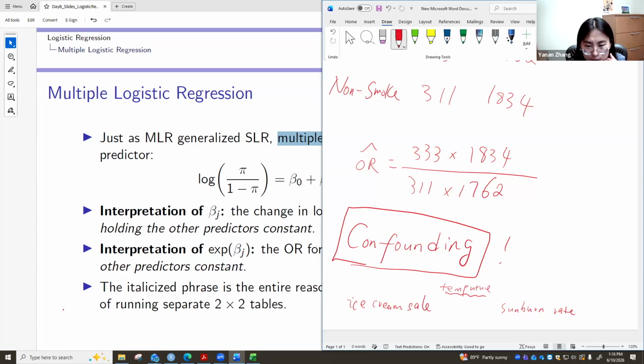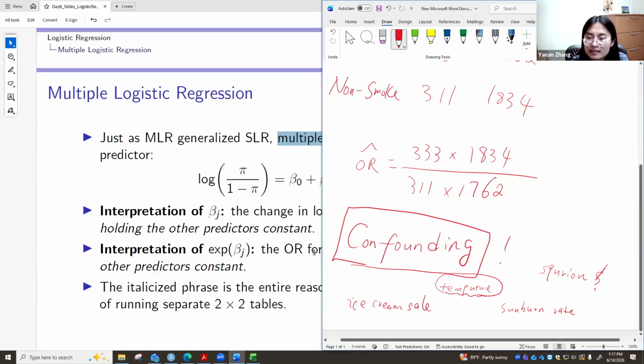So the relationship between ice cream and sunburn rate actually is spurious. Right? It is caused by temperature. So we see temperature confounds the relationship between ice cream sales and sunburn rate. Temperature is a confounder. All right.